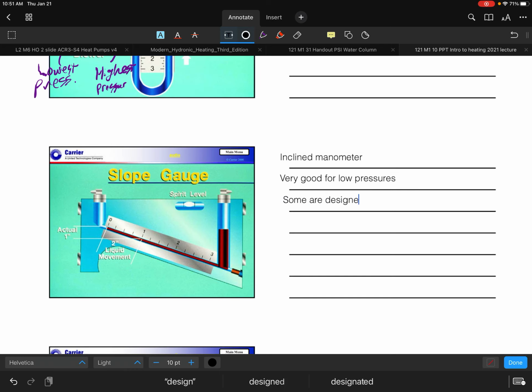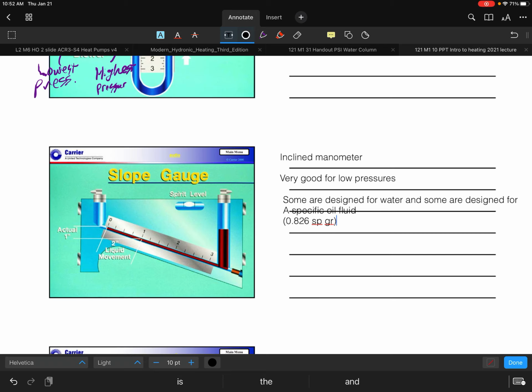So there are some of these instruments that I would say some are designed for water, and some are designed for a specific oil fluid, and so we have this fluid that we use in our manometers that has a 0.28 specific gravity, whereas if it were water it'd be 1.0.